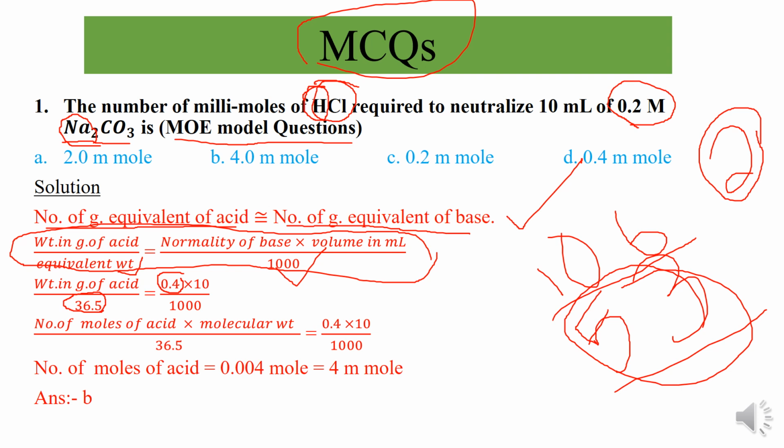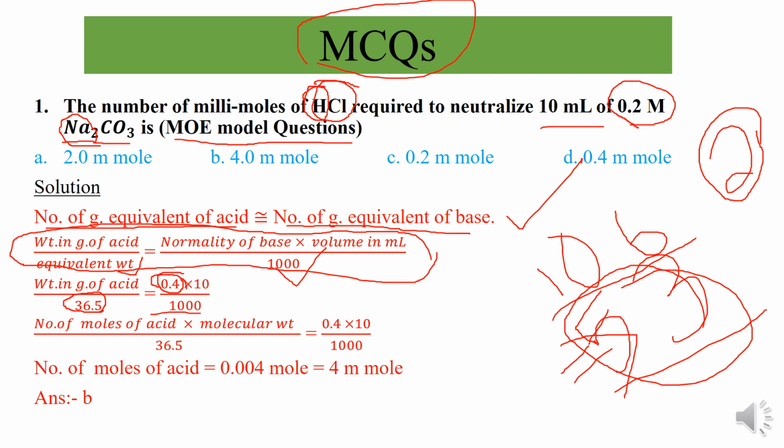The total charge, either positive or negative, will be 2. Then 106 divided by 2 is 53. So 53 is the equivalent weight of sodium carbonate. If we divide the molecular weight by 53, then 2 is obtained, so the normality is 2 times greater than the molarity in the case of sodium carbonate. That's why 0.4 is obtained here, into 10, and divided by 1000 according to the formula.